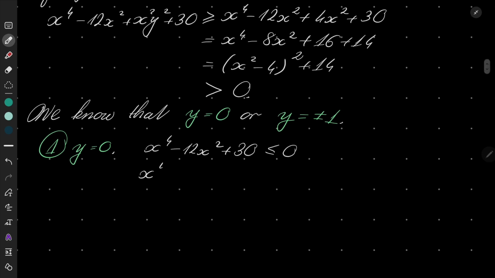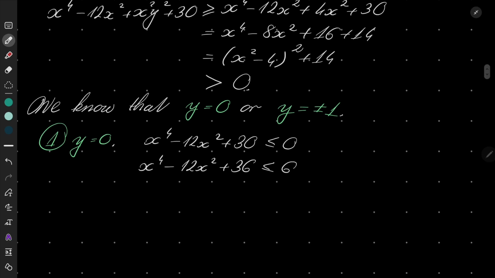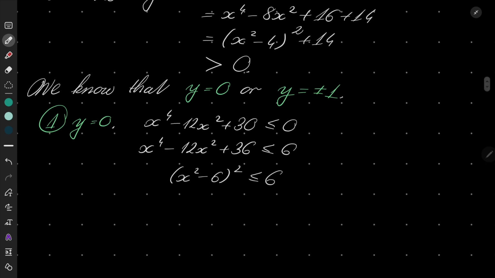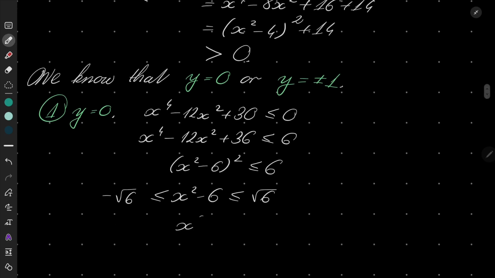Okay, so by doing a very similar trick, we can add 6 to both sides, and now the left-hand side becomes x squared minus 6 quantity squared. And this is true if and only if, after taking square root, this number is between minus square root of 6 and square root of 6. Okay, so x squared is between 6 minus square root of 6 and 6 plus square root of 6, which is a nice result.